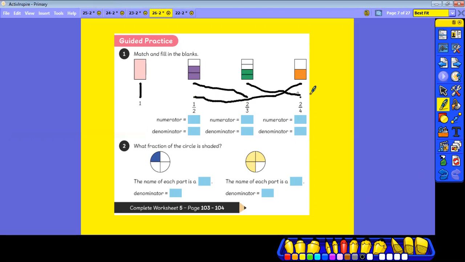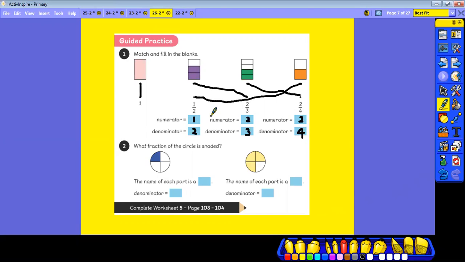So I join that one to that dot. And then I'm asked to write the numerator and the denominators underneath. So numerator here is 1, denominator is 2. Numerator here is 2, denominator is 3. Numerator here is 2. Denominator is, well done.